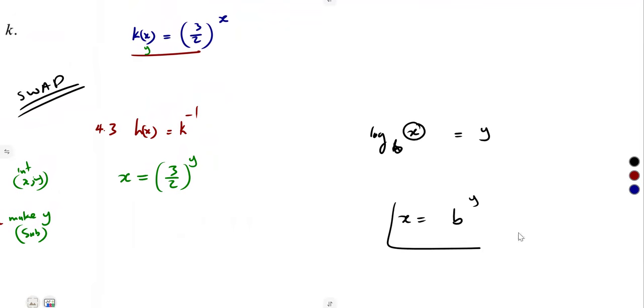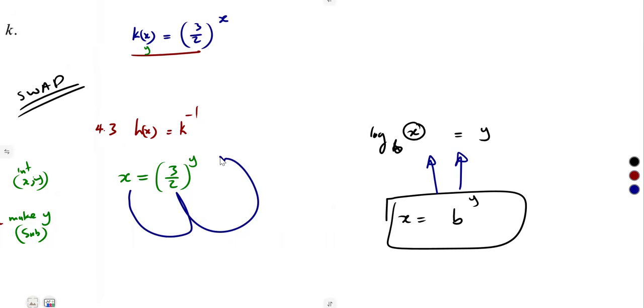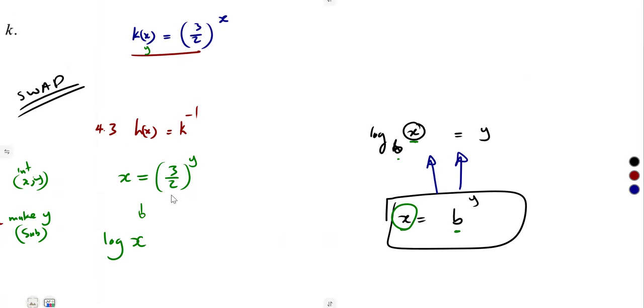So I can convert it back to a logarithm. X is equal to a certain base to the exponent of y, so it must be the logarithm. We are now converting to log. The logarithm of what? X, in the base b, our base. What is our base? 3 over 2. This is our base.